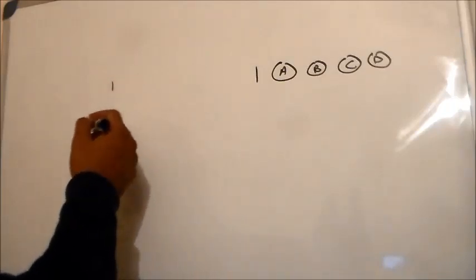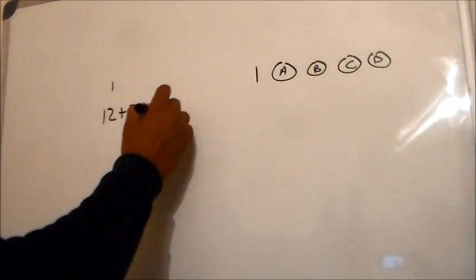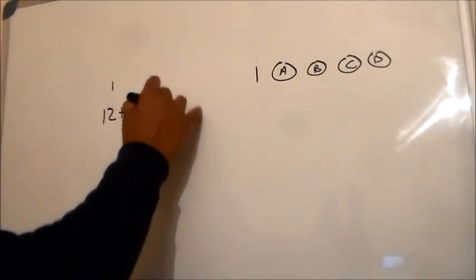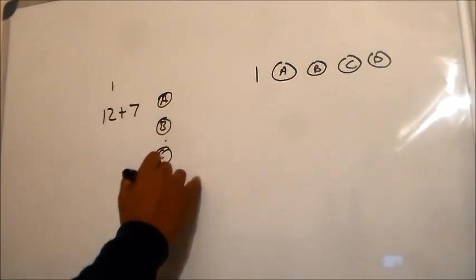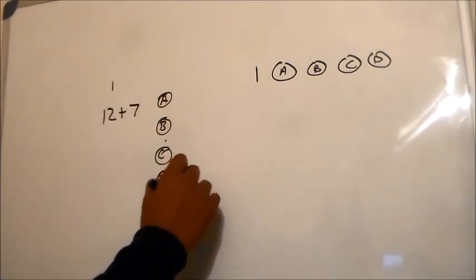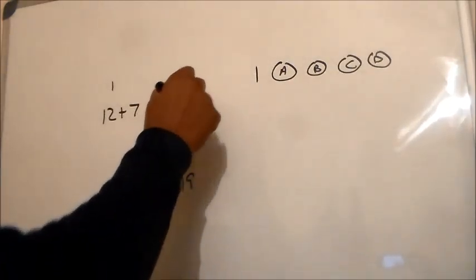And then it would say 12 plus 7, and then you would have A, B, C, D, and let's just say we had 19, 3, 2, 44.